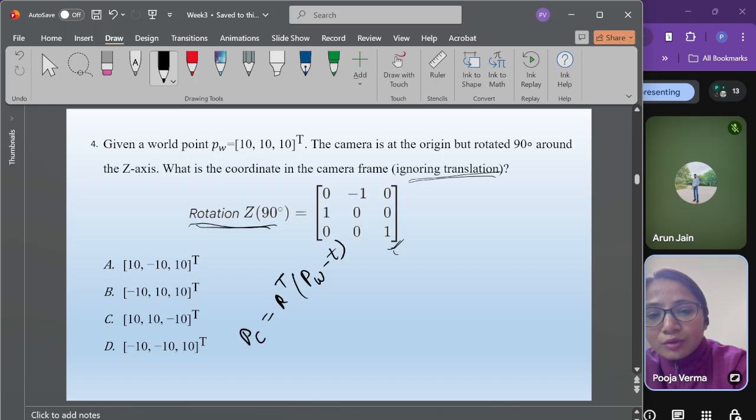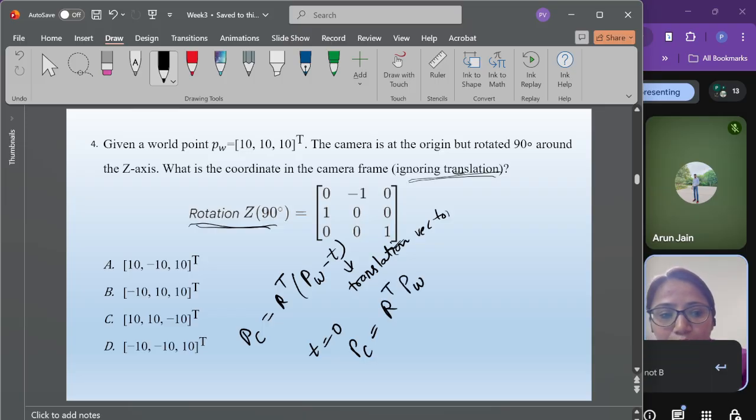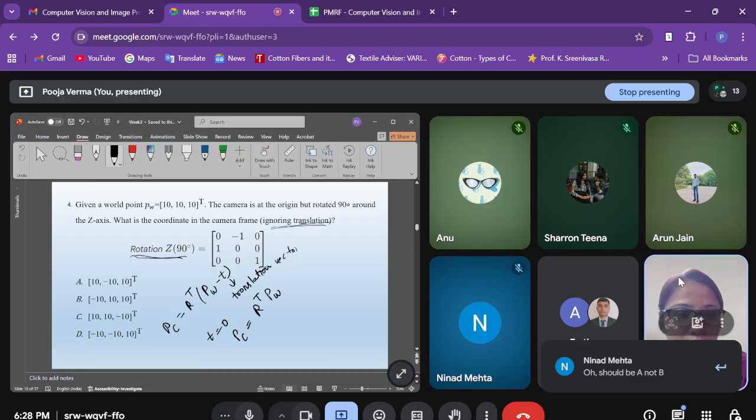Here PW is the world point coordinates, and T is the translation vector, right? But here they have said to ignore the translation, so that means T is equal to 0. So the equation will be PC is equal to R transpose PW, right?